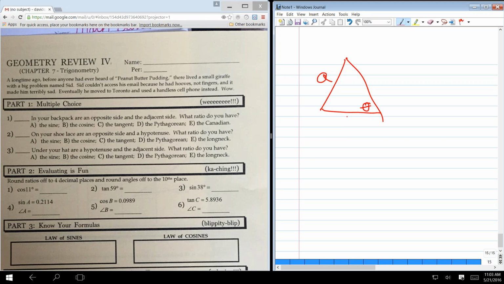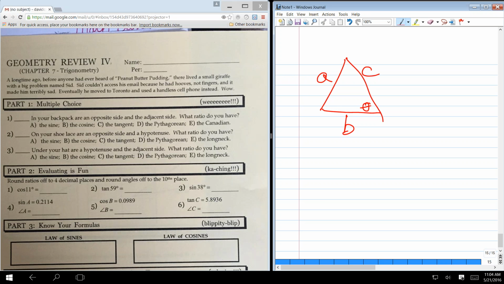Tell me the opposite side and the adjacent side to theta. So we have opposite. Yeah, not yet. Just tell me what the opposite side of theta is. That'd be A. Okay.